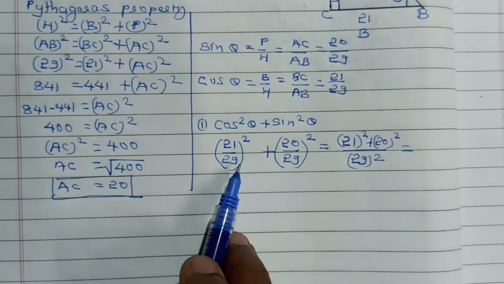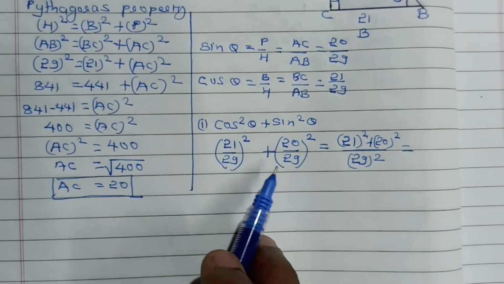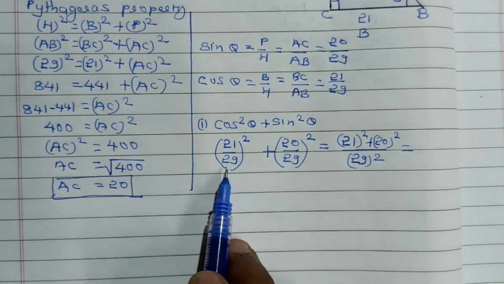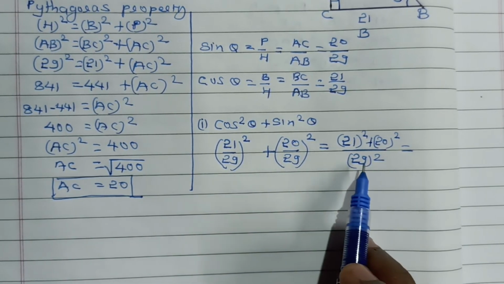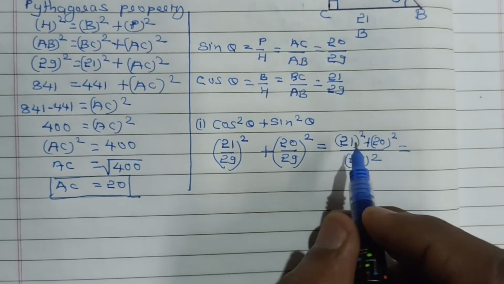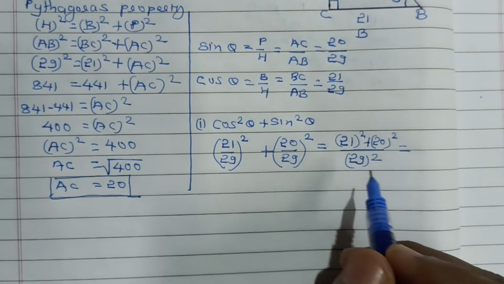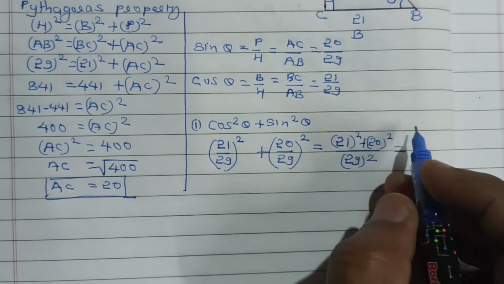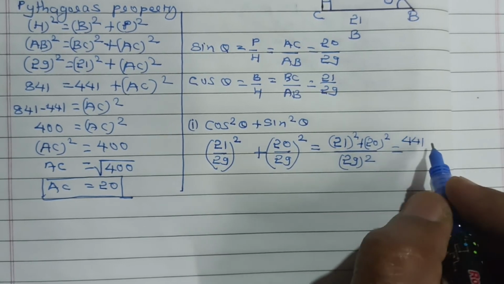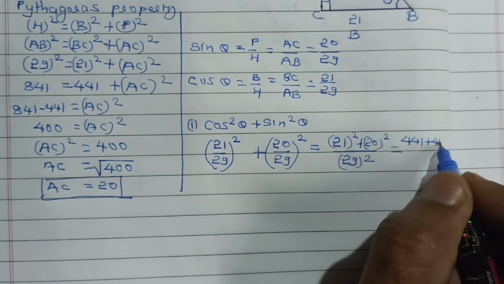If denominator is different, that time you have to cross multiply or you have to find out the LCM. But for this case, denominator is same, so that's why you have to write this 29 square at denominator place. Now you have to write the square of each, 21, then 20 and 29. So what is the square of 21? 441. And what is the square of 20? 400.